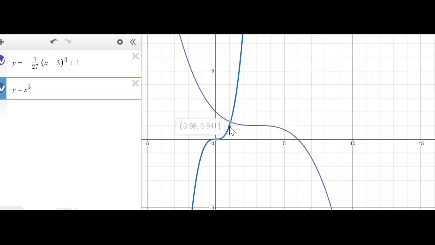So there's 1, 1 on my blue graph. Now if we've been dilated by a factor of 3 from the y-axis, that means my coordinate 1, 1 is going to become 3, 1. So I'm going to go across to 3, 1.